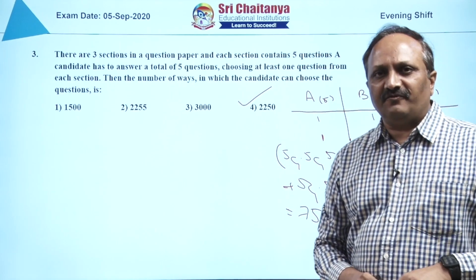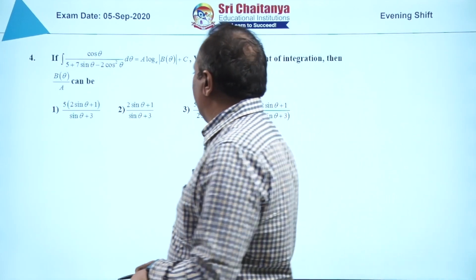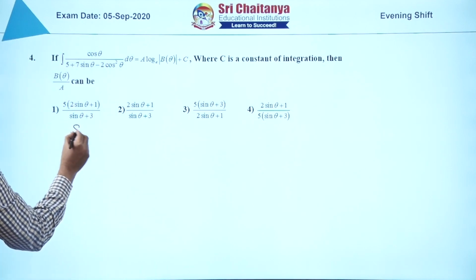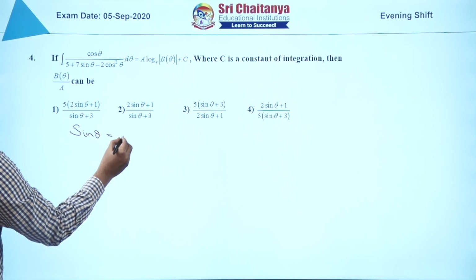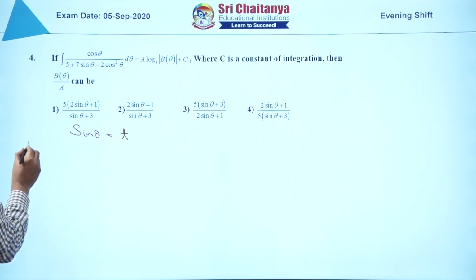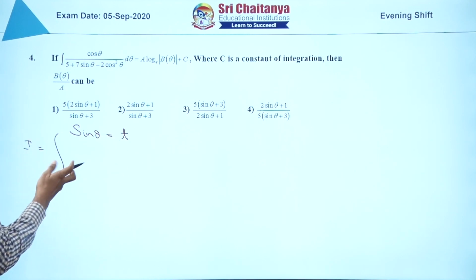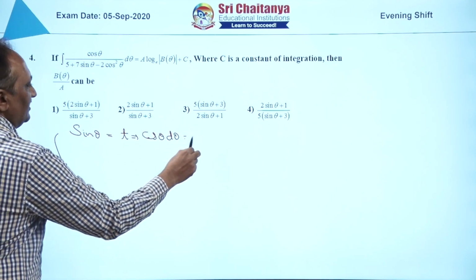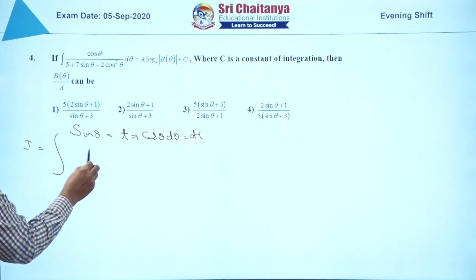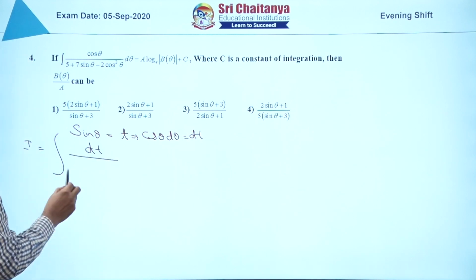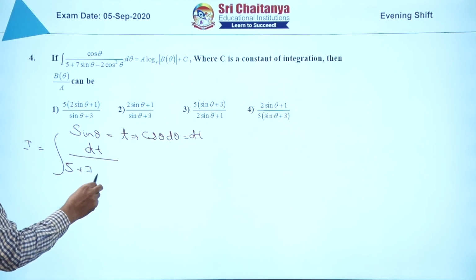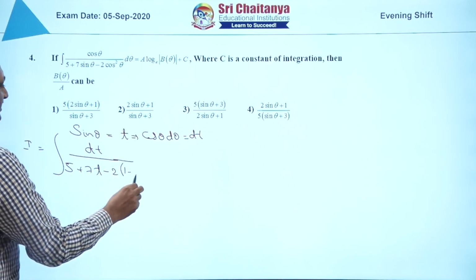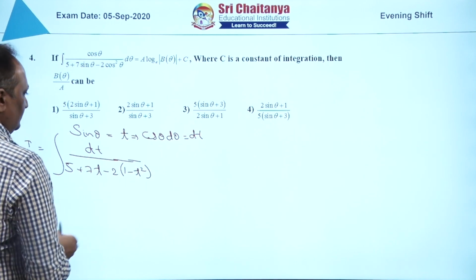Coming to question number 4, it is in indefinite integration. Substitution required here is sin theta is equal to t. So, that integration becomes integral. Differentiation of this automatically gives cos theta d theta, it becomes dt. Integral dt by 5 plus 7t minus 2 into cos square theta, which can be written as 1 minus sin square theta.